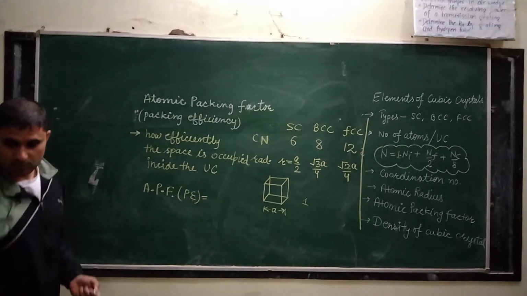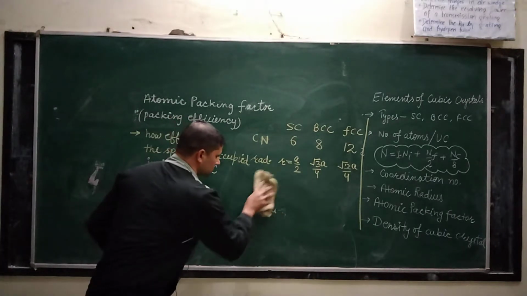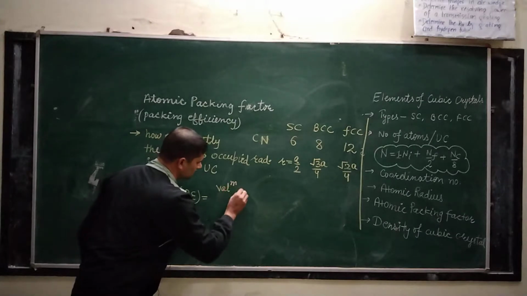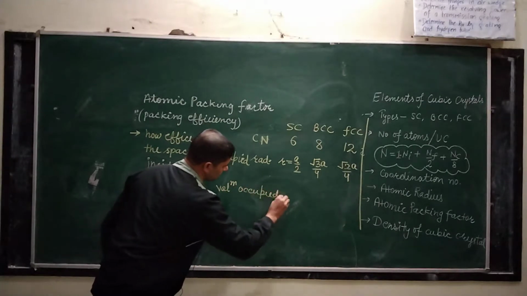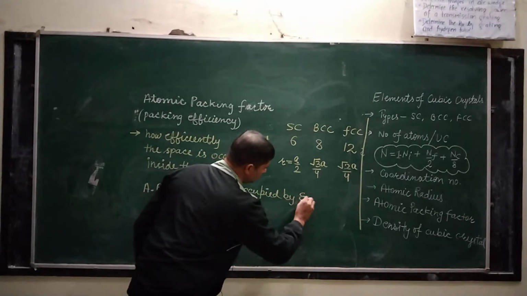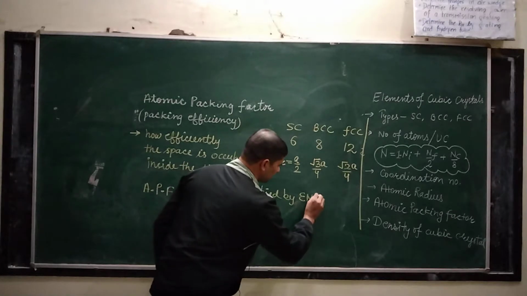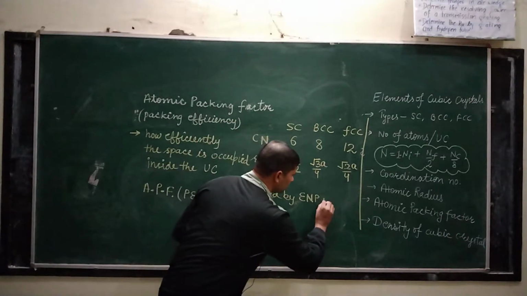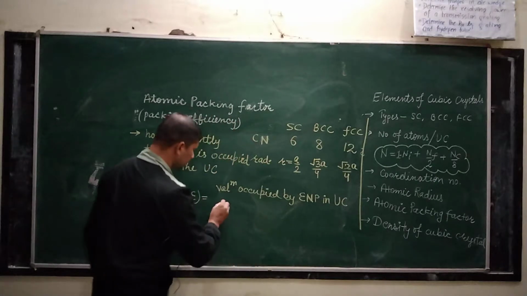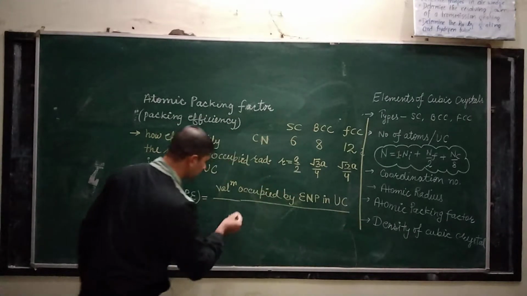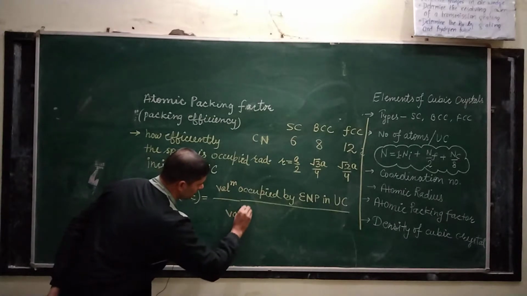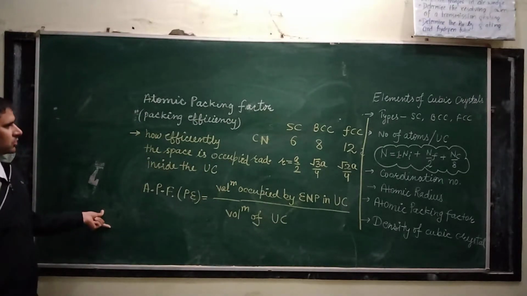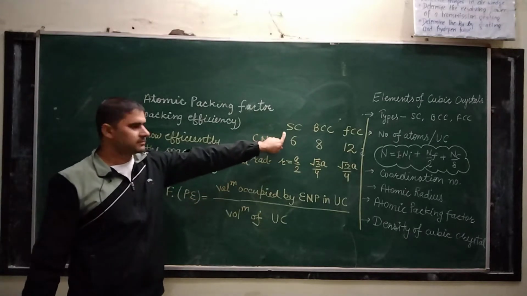This is equal to the volume occupied by the effective number of particles in the unit cell, divided by the volume of the unit cell, simply.